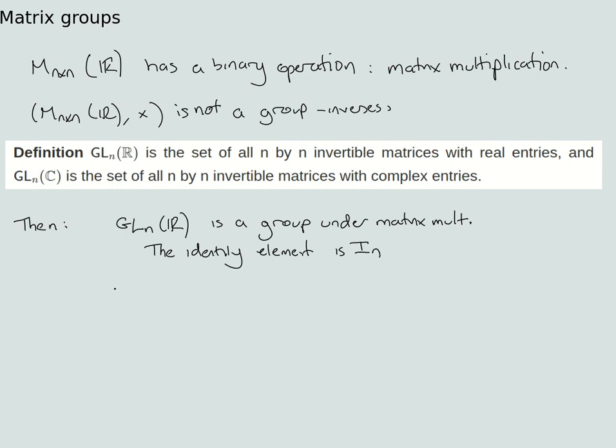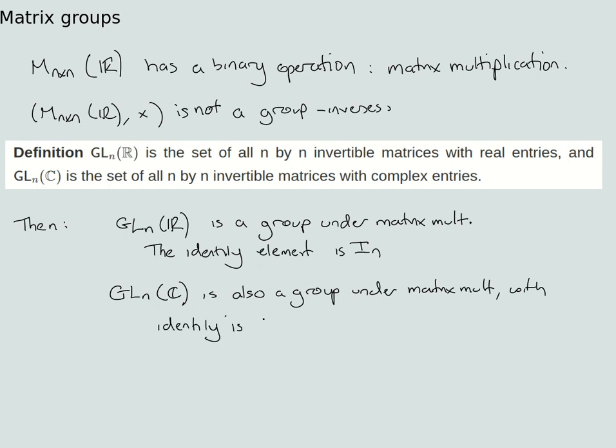And of course, the same thing applies to the group of complex invertible n by n matrices. GLn(C) is also a group when the binary operation is multiplication. And again, the identity is the identity matrix In.